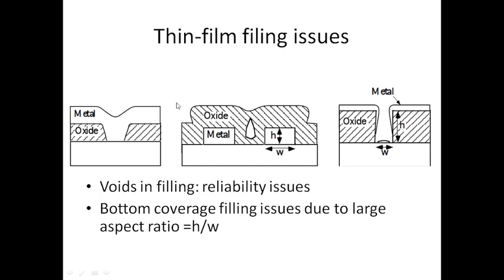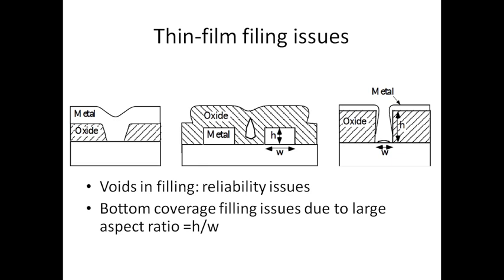So here you can see this is a space between the oxide where you are supposed to fill the metal. So this is a perfect filling where we are filling this gap perfectly with the metal. Suppose you are filling between the two metal layers, you can see there is an air bubble left out, which is a void over here in this region.